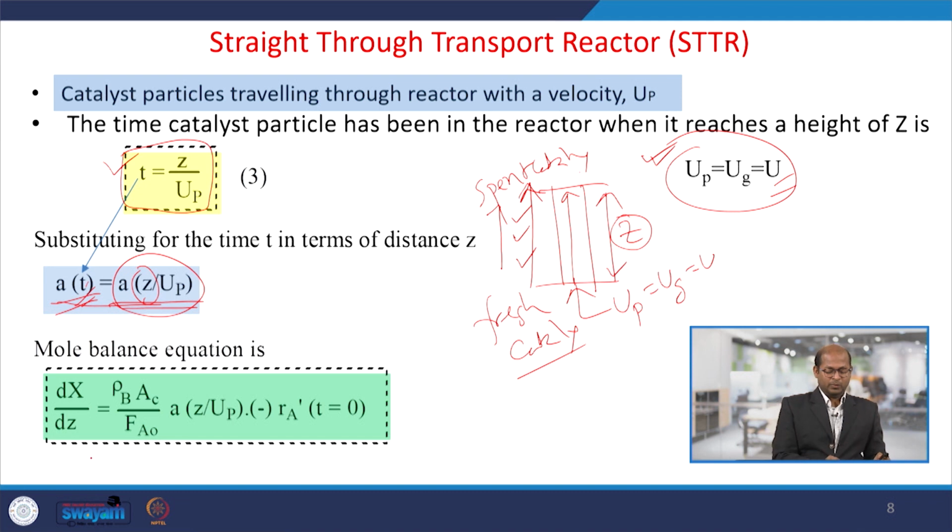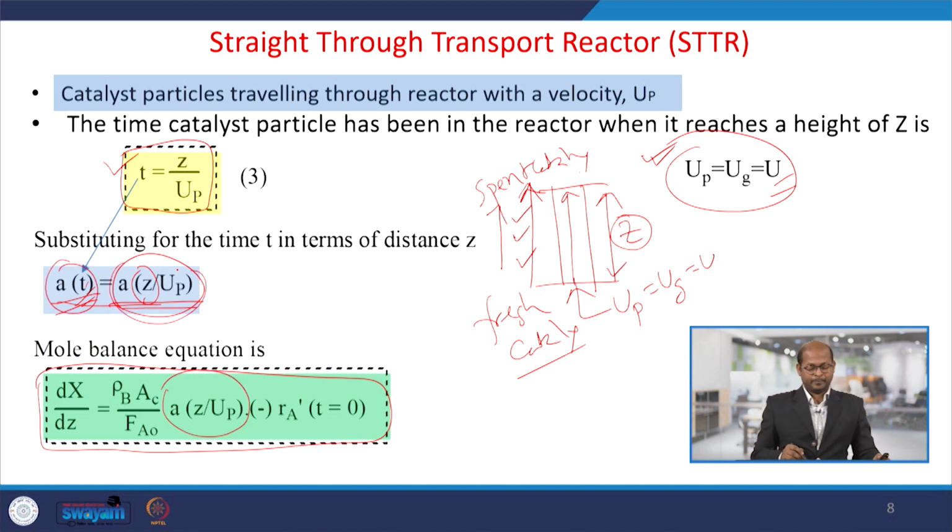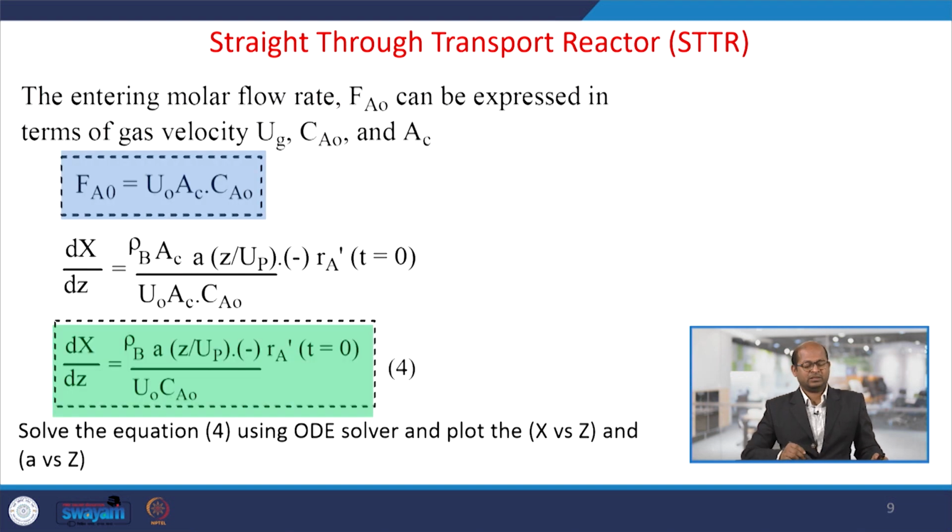So, now we can write the mole balance equations in terms of this also. Here the activity term is expressed in terms of z only, and the rest of the terms remain as they are.